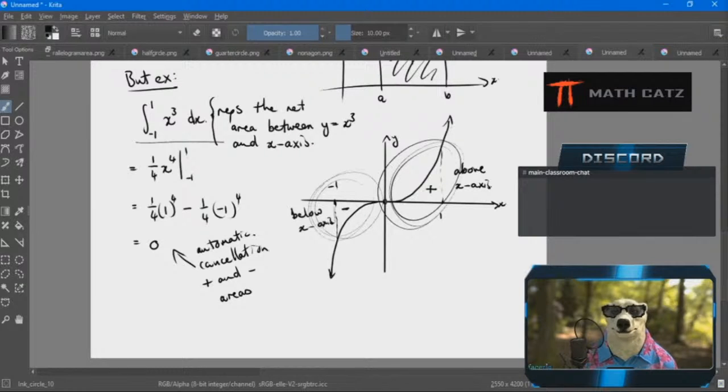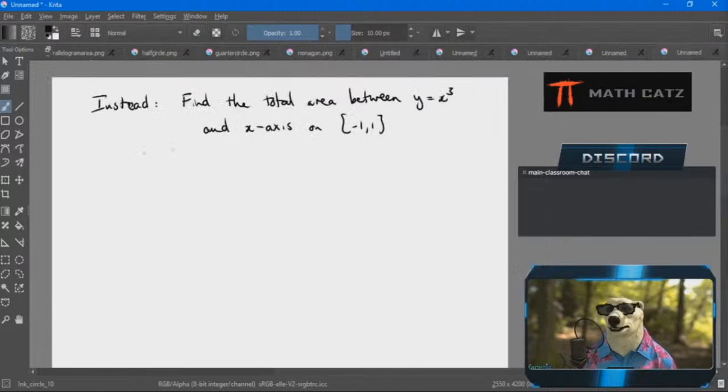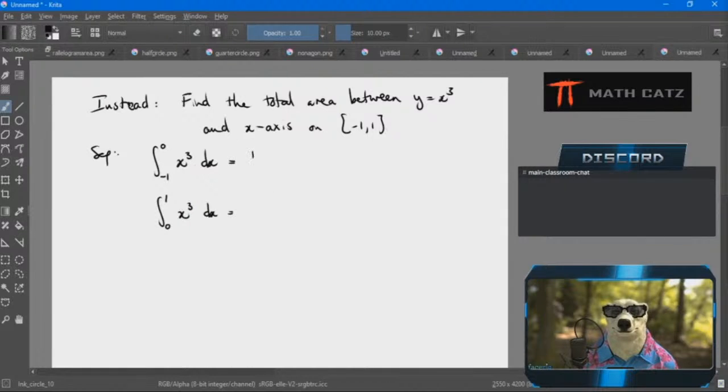Now the intersection, the crossing here happens at 0, so I have to manually separate from -1 to 0, calculate that. From 0 to 1, calculate that. Now the antiderivative is going to be the same, so it's not two completely separate ones.